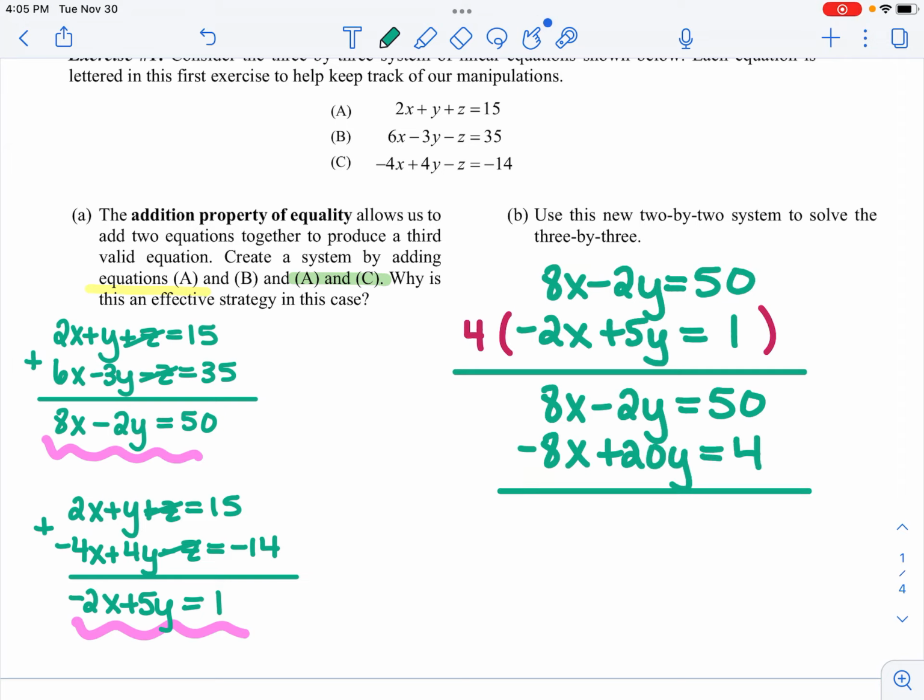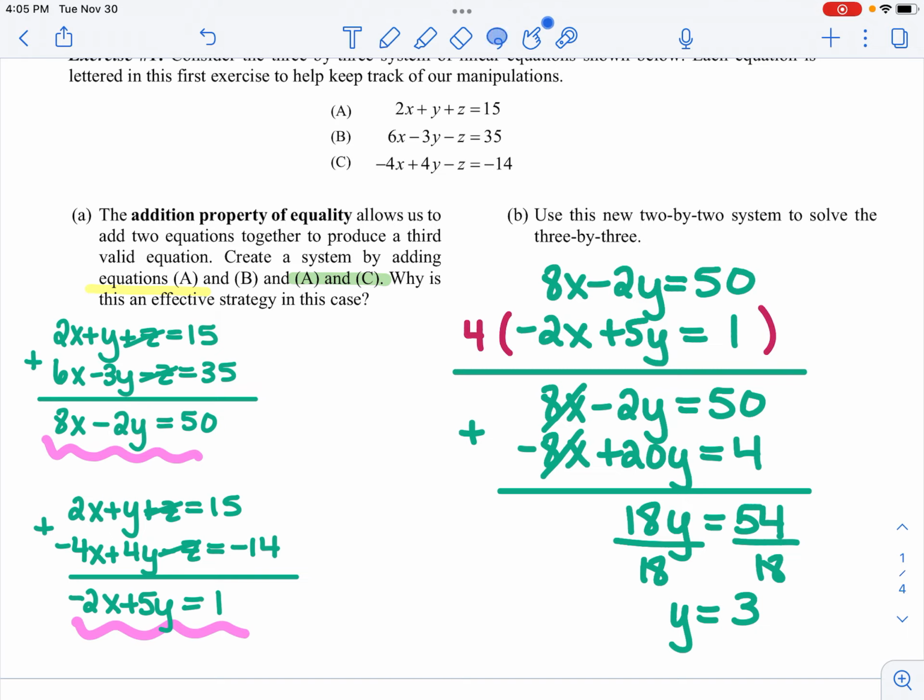And now looking at these 2 by 2 equations, my 8x and negative 8x will cancel. Adding straight down, negative 2y plus 20y, I'd have 18y equal to 54. Divide by 18. And I get y is equal to 3. So after 3 attempts using elimination, I finally have one variable.